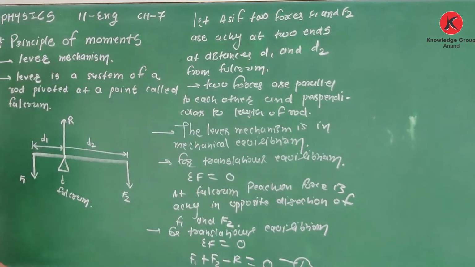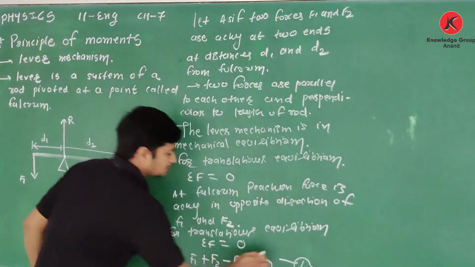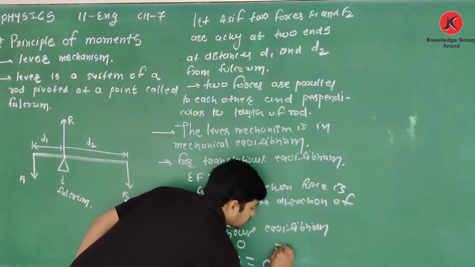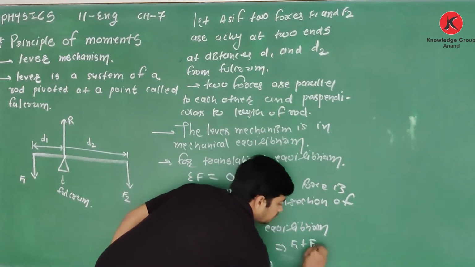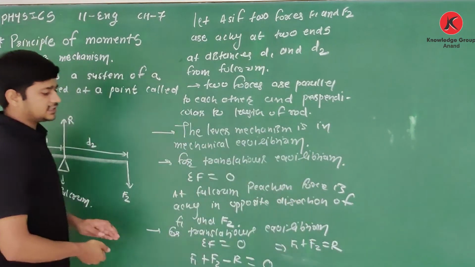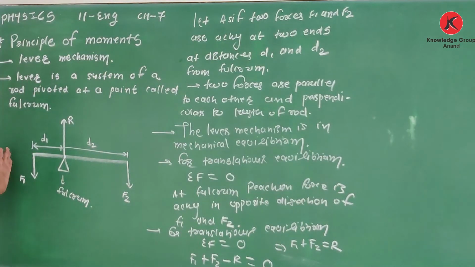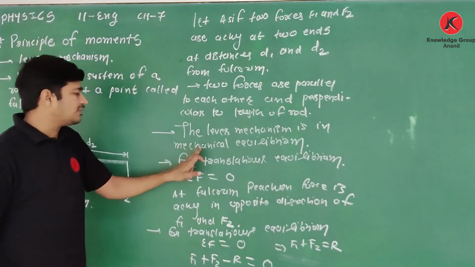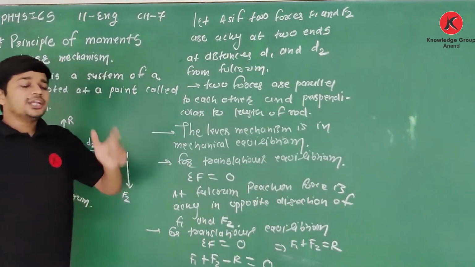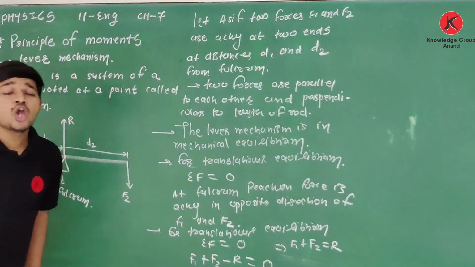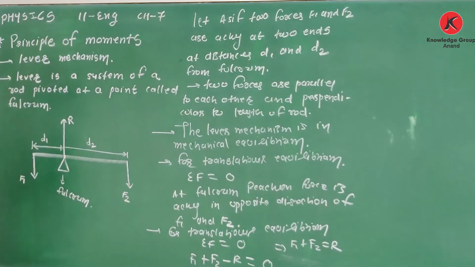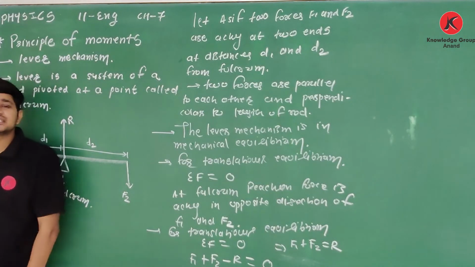Equation number 1. Or simply, F1 plus F2 is equal to R. This is for translational equilibrium. Clear about this? Now, as the lever mechanism is in mechanical equilibrium, it is also in rotational equilibrium, and for rotational equilibrium we have to consider torque.